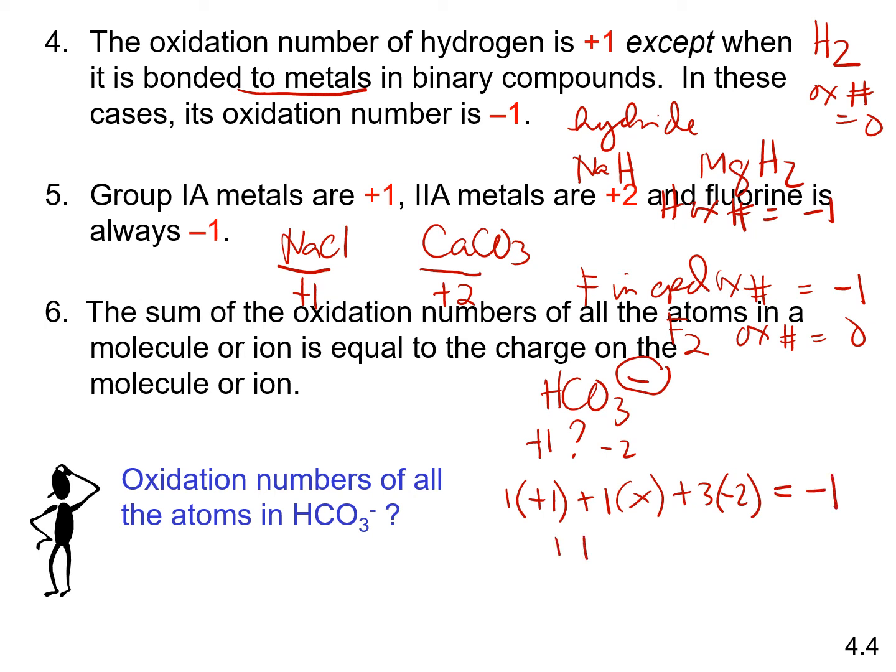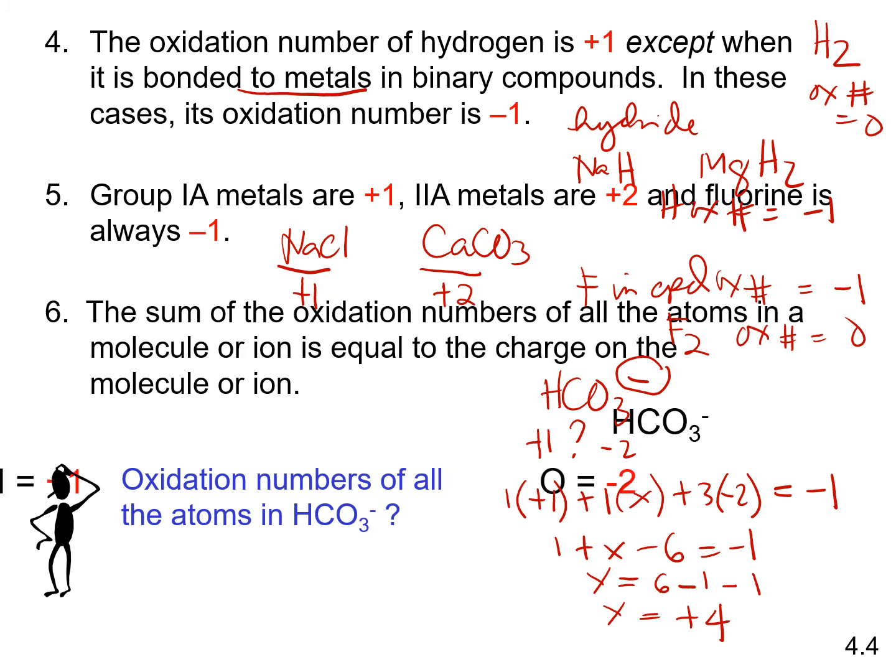So that's 1 plus x minus 6 equals -1. So x is equal to 6 minus 6 minus 1, which is -1 plus... so x here is +4. The carbon is +4.